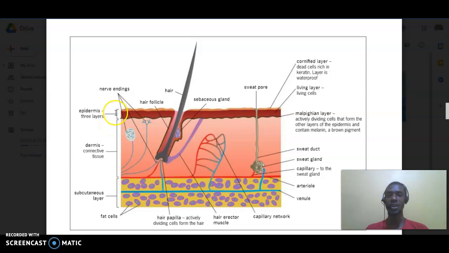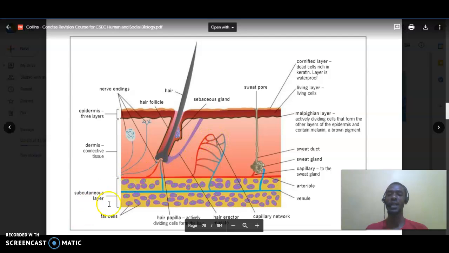So we have the epidermis right here, which is the upper layer, the outer layer, epi meaning outer. The skin consists of the epidermis, then you have the main section referred to as dermis, and it is the section below the epidermis.